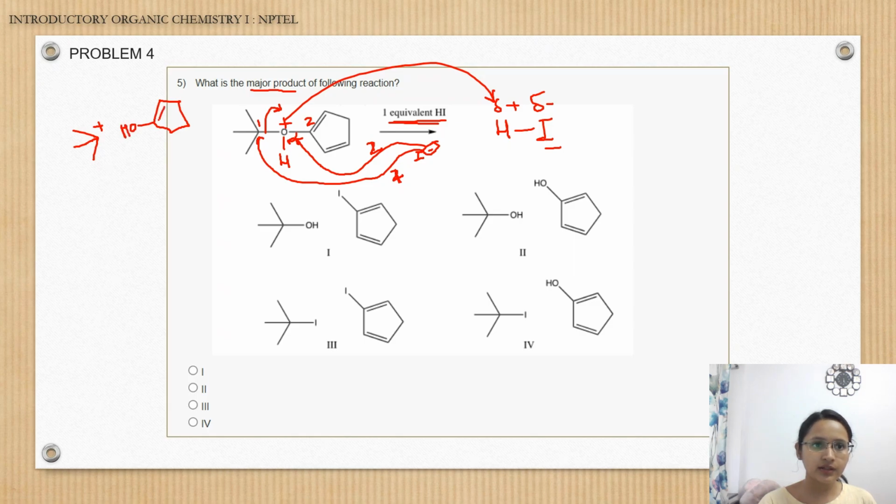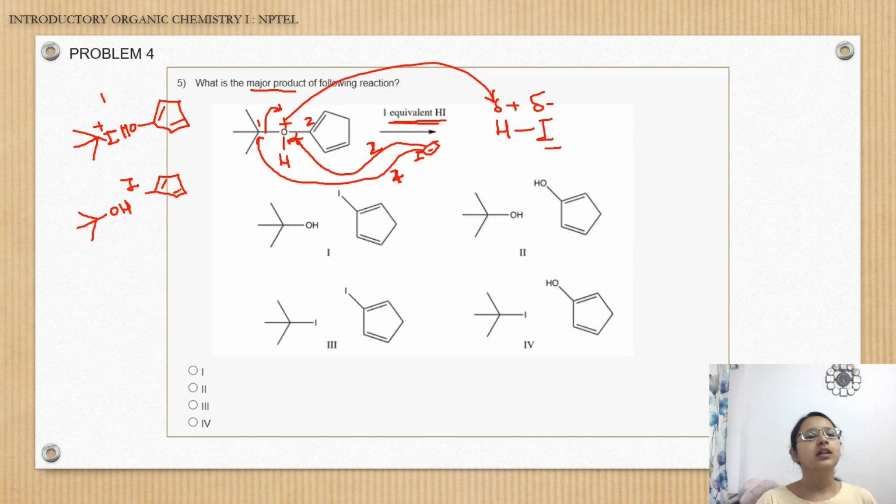So this was the product for carbon number 1, and obviously iodine is getting attached. So now I want to write for carbon number 2. Then what will be the product? Here you will have this OH, and here you will have this iodine attached, right?